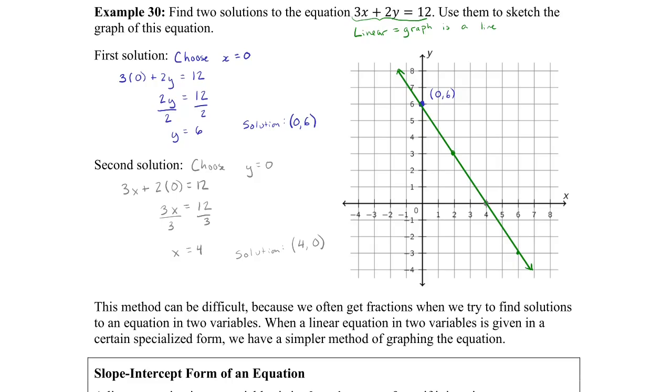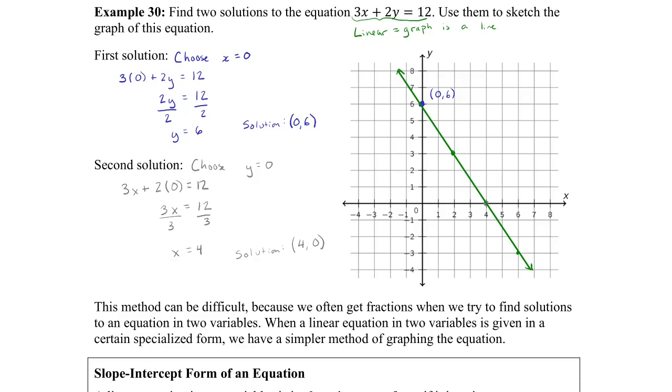Now, this method of finding 2 solutions works great if the numbers are nice. But we can see that very easily I could have been in a situation where I found fractional coordinates for my x or my y when I plugged in this way.